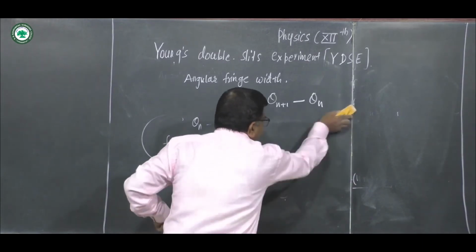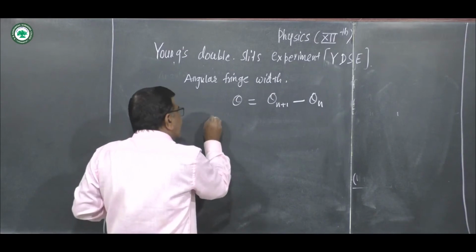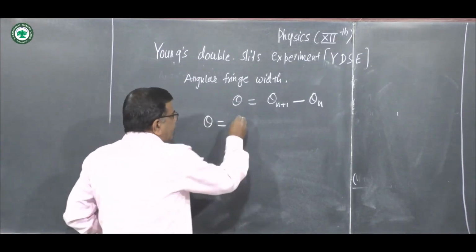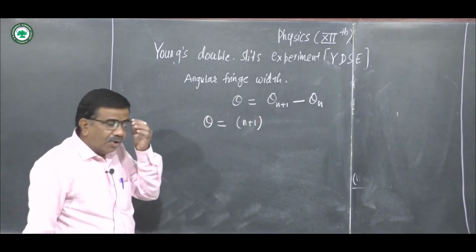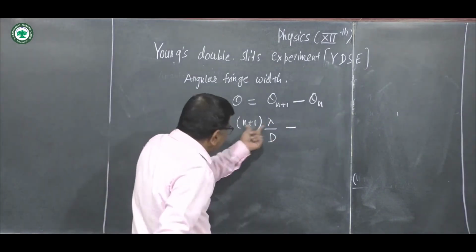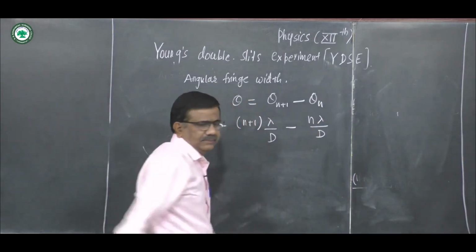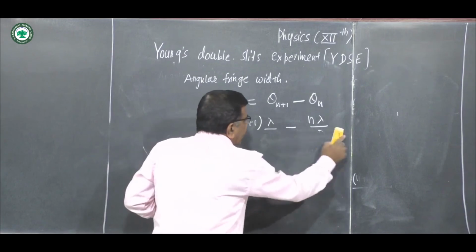Theta n plus 1 we know. What is that theta n plus 1? That is n plus 1 lambda upon d. What is theta n? n lambda upon d. Sorry, here that d is small d.